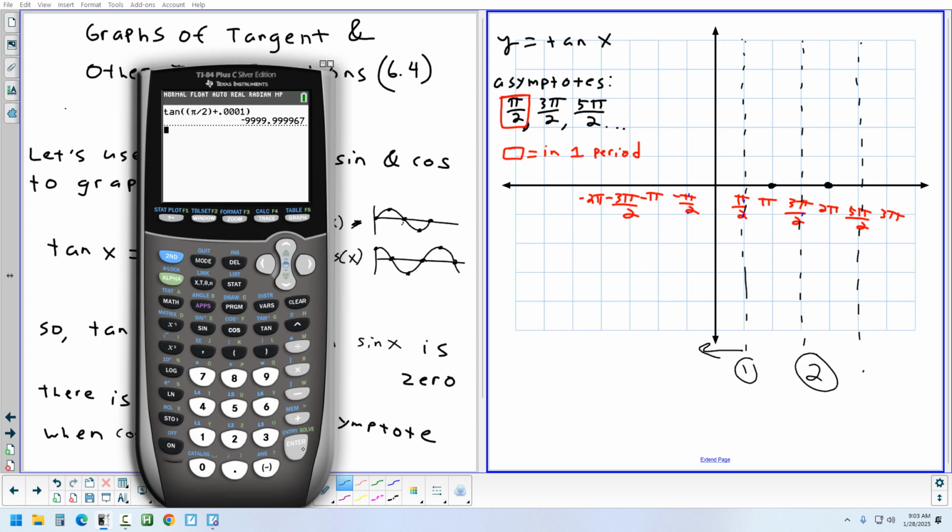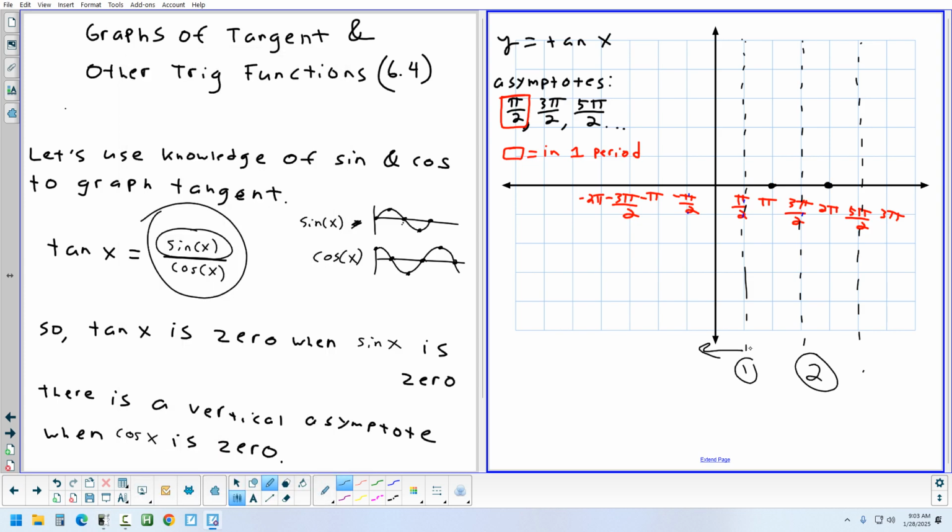So look at what we plugged in and the result that we got. Is it 1,000 or negative 1,000? No, not negative 1,000. What am I approaching? Yeah, negative infinity. It's heading down forever. Okay, so that point, I'm just going to represent that as negative infinity. That's as low as I can go.